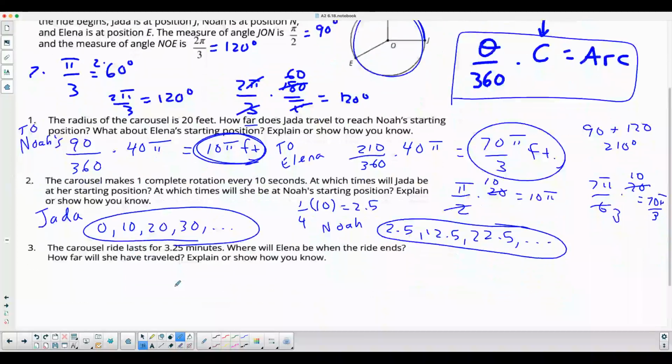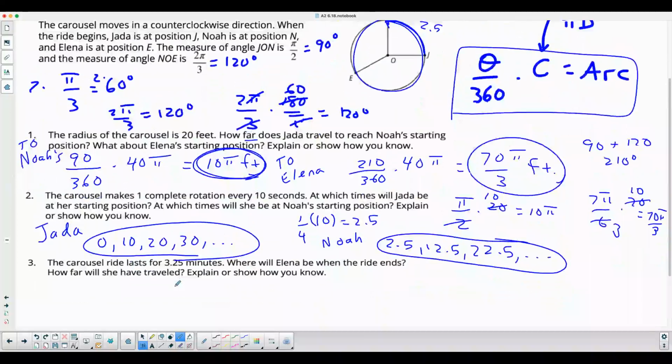All right. And the carousel ride lasts for 3.25 minutes. Where will Elena be when the ride ends? So here's the thing. 3 minutes and 25 seconds would look like that. It doesn't say 3 minutes and 25 seconds. It says 3.25 minutes. So if you took 3.25 times 60, that's going to tell you how many total seconds you go.